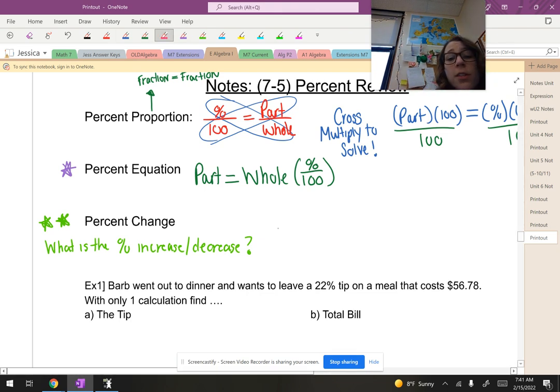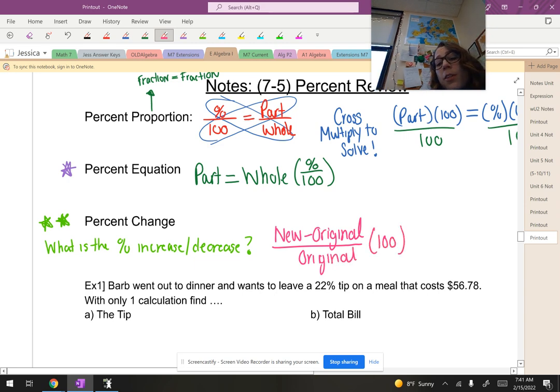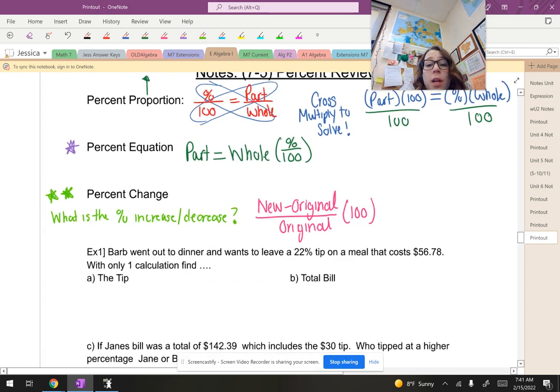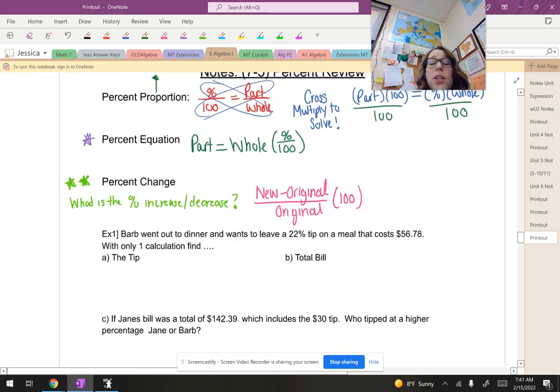And that formula is new number minus the original number divided by original. And then you've got to multiply by 100 to convert that into the percentage.